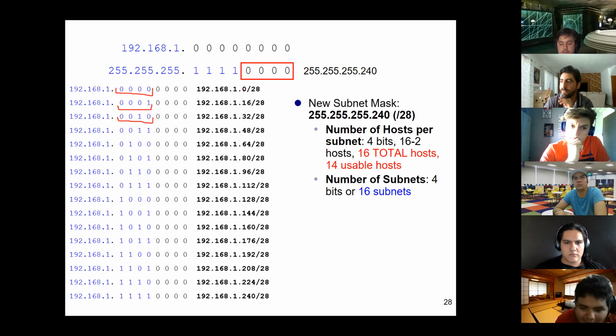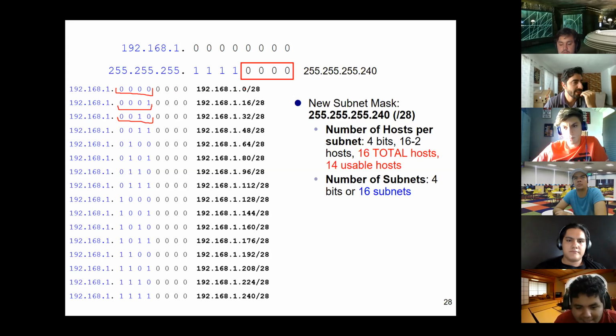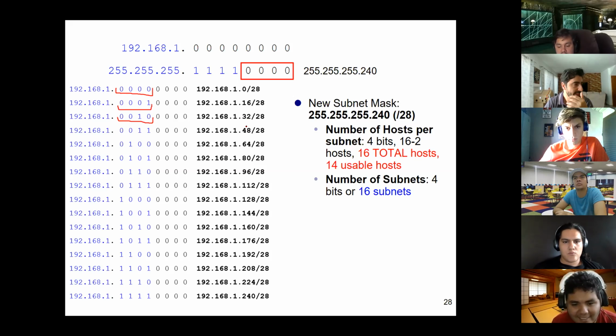So this one starts from 0 and goes all the way to 26, because 27 would be the broadcast address. This one goes from 16 all the way to 30. This one goes from 32 all the way to 46.